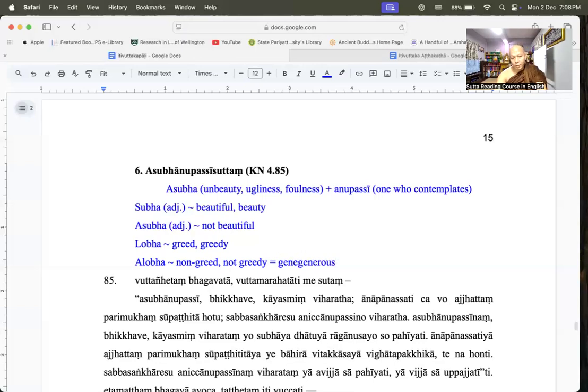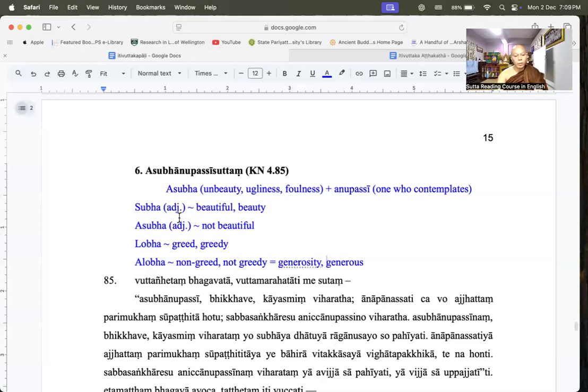It does not refer just to a state of non-greed, but to the completely opposite. So generous or generosity. In this way.